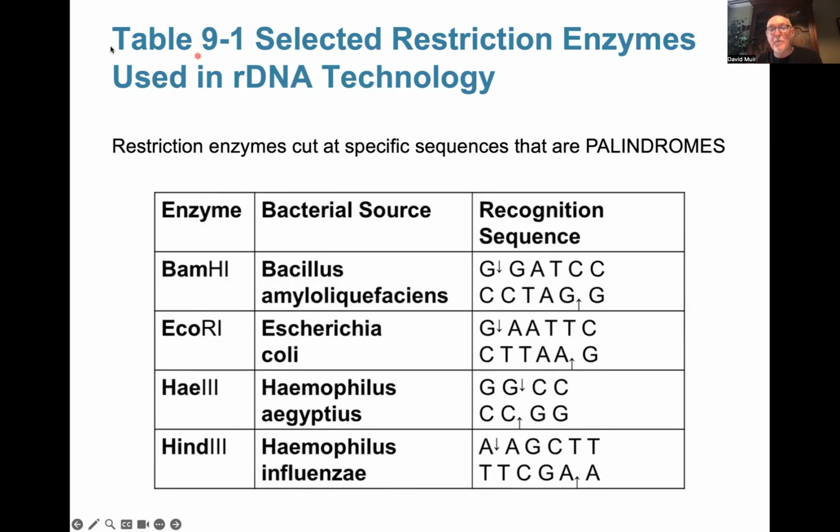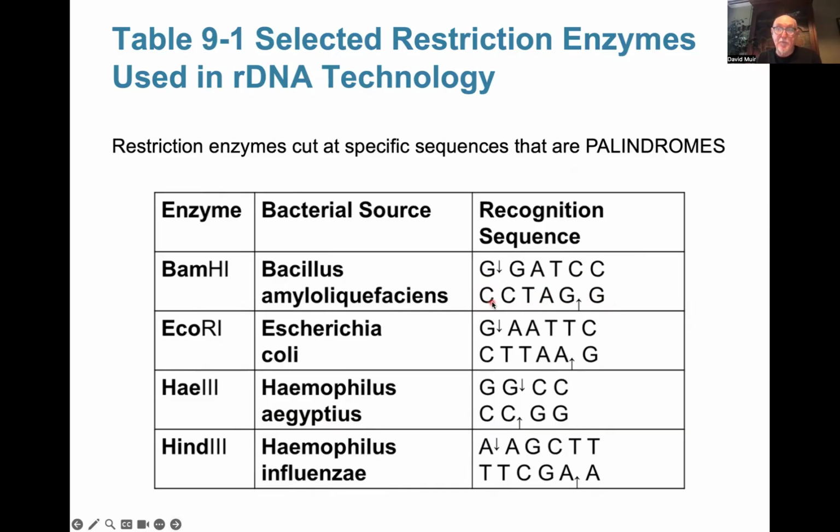In the case of BamHI, this is what it recognizes, GGATCC. And there is something very peculiar about this little short sequence, and that is that it is palindromic. On one strand, it reads the same as it reads back on the other strand. So we go GGATCC.